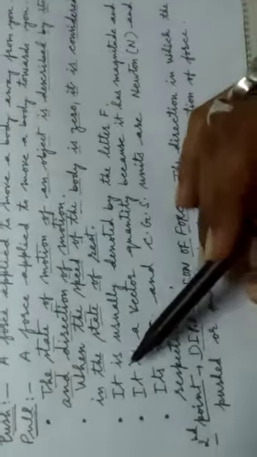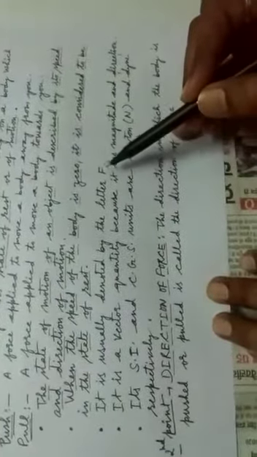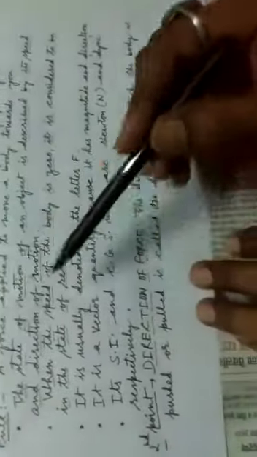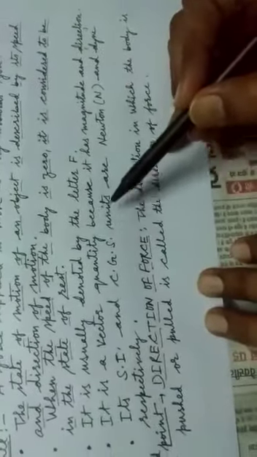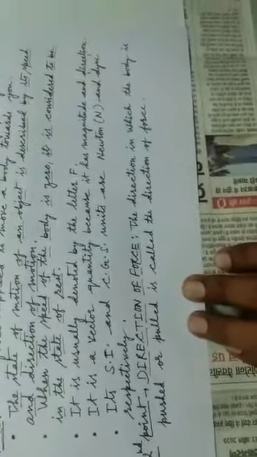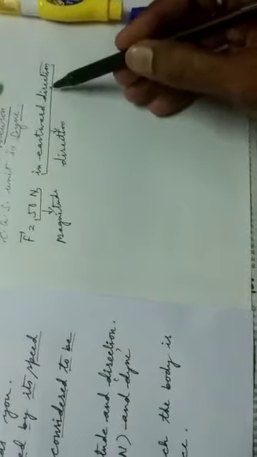Force is usually denoted by the letter F, the first letter of force. It is a vector quantity because it has magnitude and direction. Here we write force equals 50 Newton in the eastward direction.